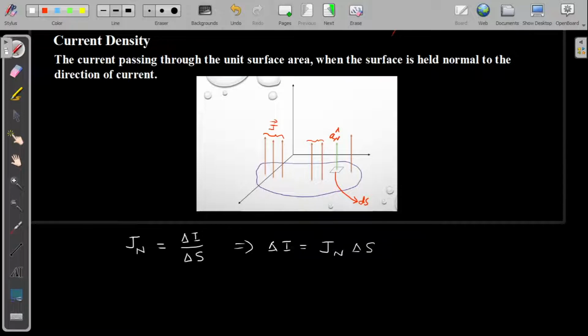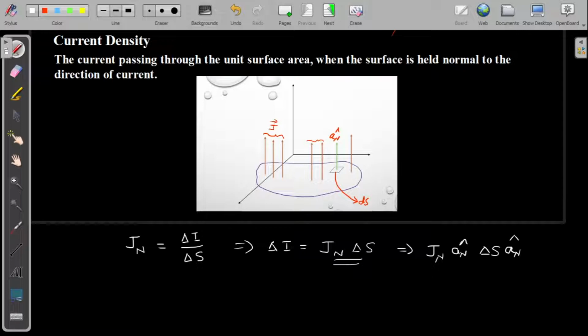Now referring to the figure, I can bring in the directions of these quantities, that is Jn and delta S. Then I can represent it as Jn in the an cap direction as well as delta S. As we already discussed, the surface area is treated as a vector, and its direction is considered as normal.